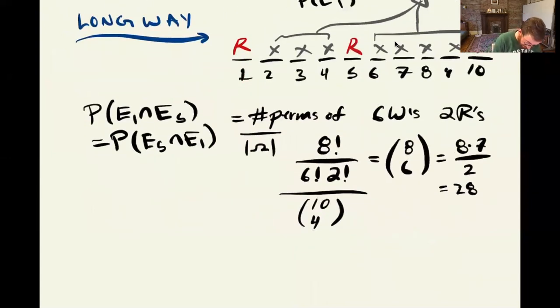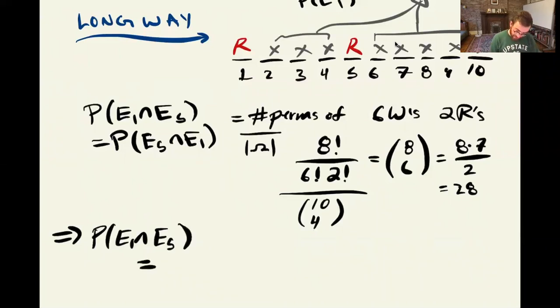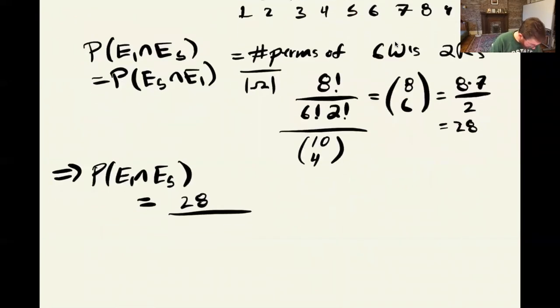So let's simplify. So the probability of E1 and E5 is equal to, well, what did we already figure out here? We had 28 over 10 times 9 times 8 times 7 divided by 4 times 3 times 2 times 1.